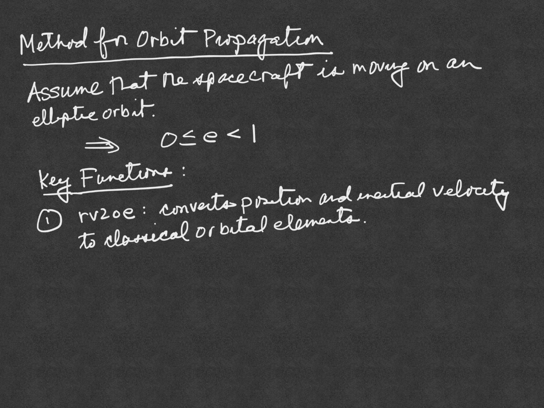Now the inputs to this function are r and vi, and also the gravitational parameter mu.